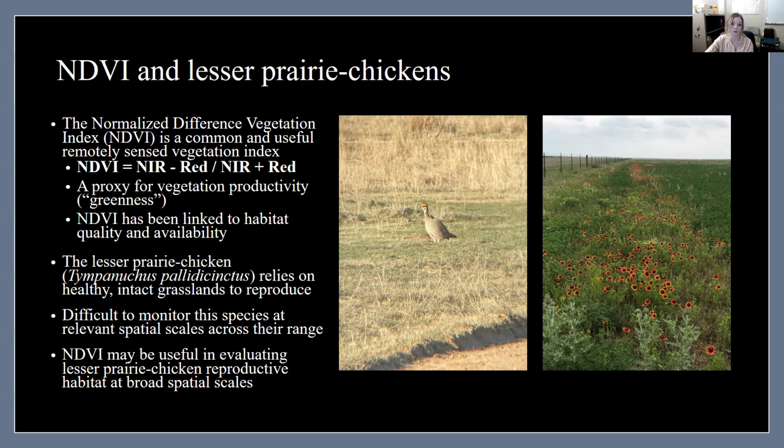Unfortunately, it is very difficult to monitor this species at those relevant spatial scales across their range, and that's in part due to the vast expanse of private land ownership across the Great Plains across their range. So it is because of this that we believe that remote sensing and NDVI may be a useful tool in evaluating the quality and availability of lesser prairie chicken reproductive habitat at broad spatial scales.